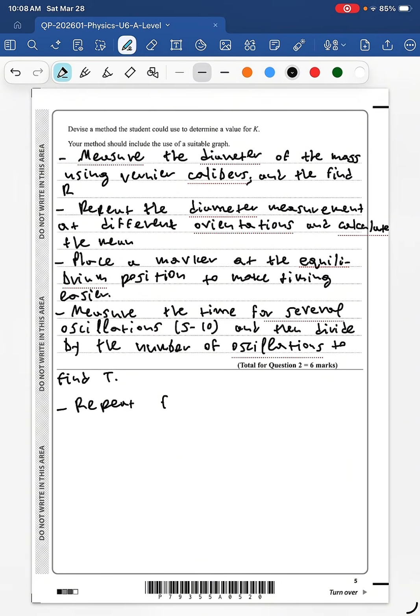So repeat for at least 5 values of the wire length.